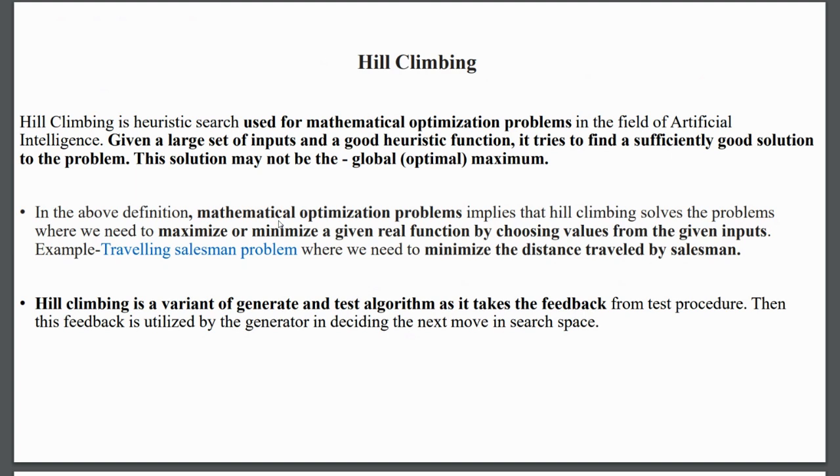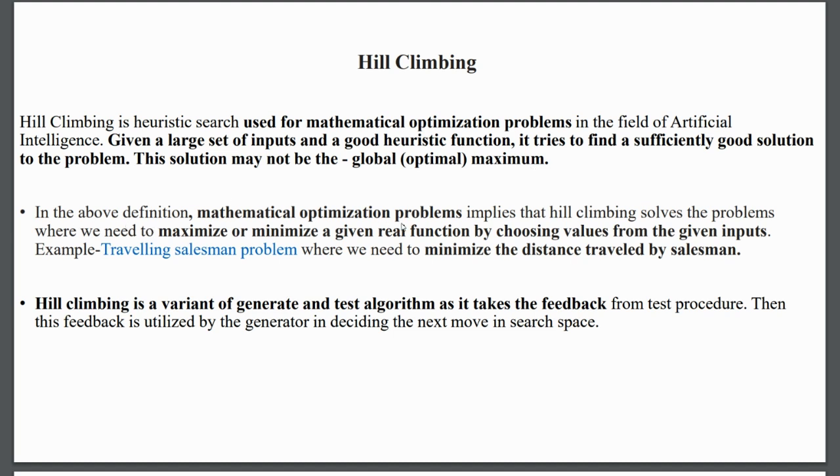The second type is the hill climbing algorithm. Hill climbing is a heuristic search used for mathematical optimization problems in the field of artificial intelligence. Given a large set of inputs and a good heuristic function, it tries to find a sufficiently good solution to the problem. This solution may not be the global optimal maximum.